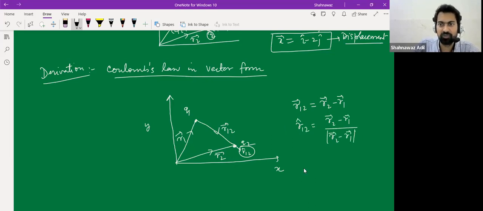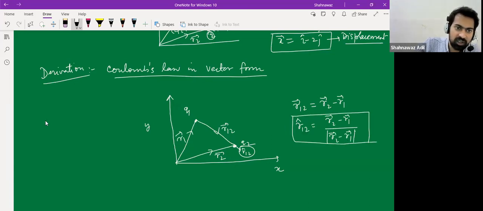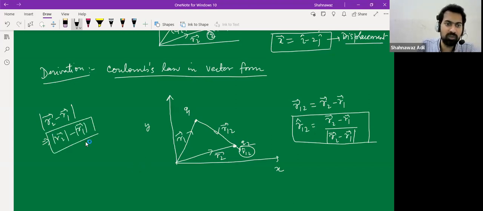So always remember that we can't do it like this. This magnitude would not be r2 minus r1. Just keep that in mind. And how can we prove that?